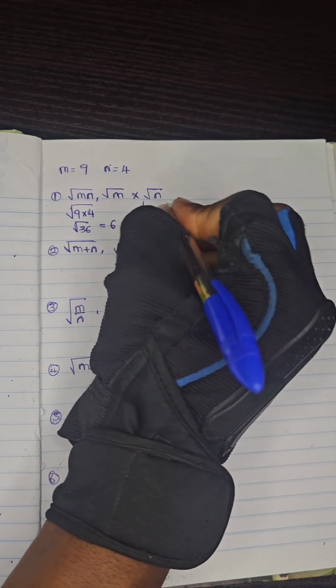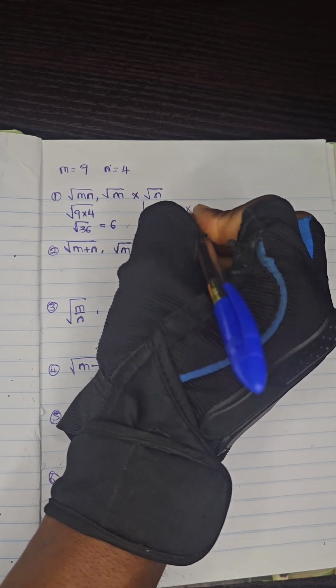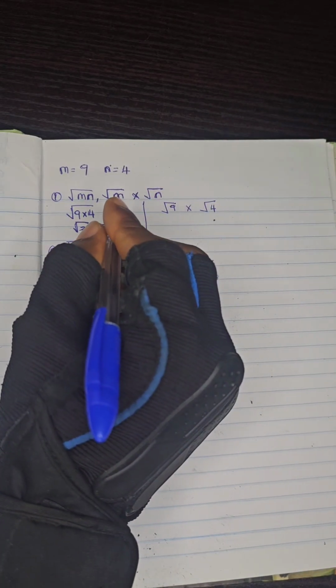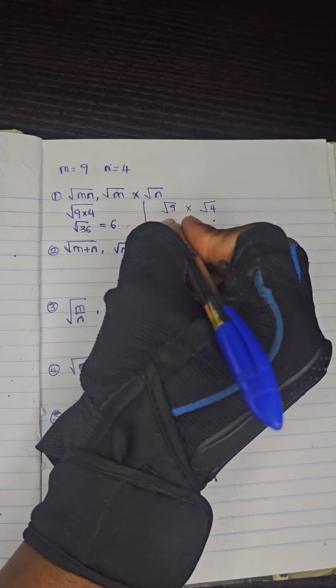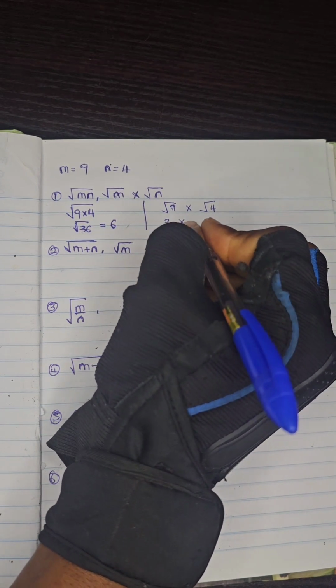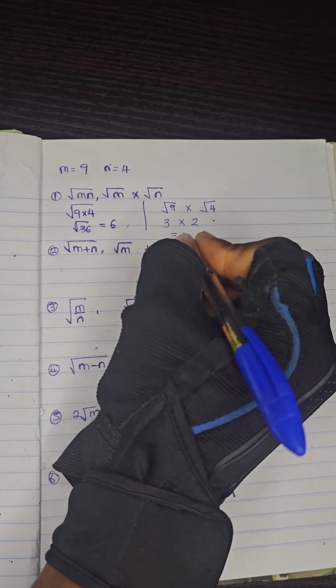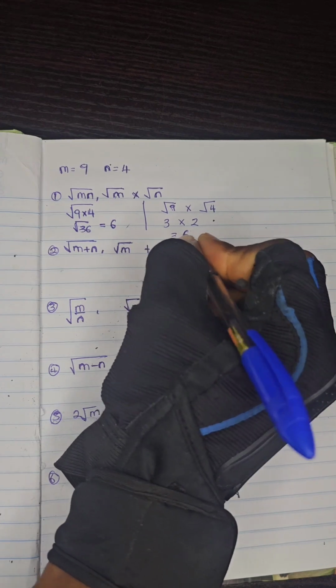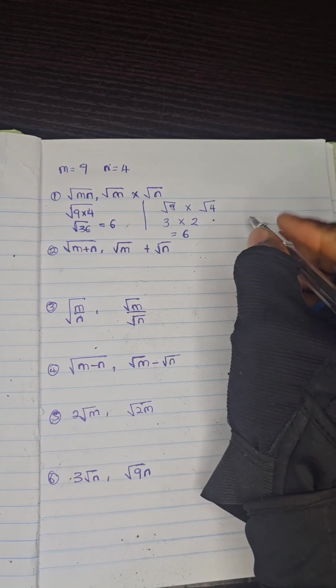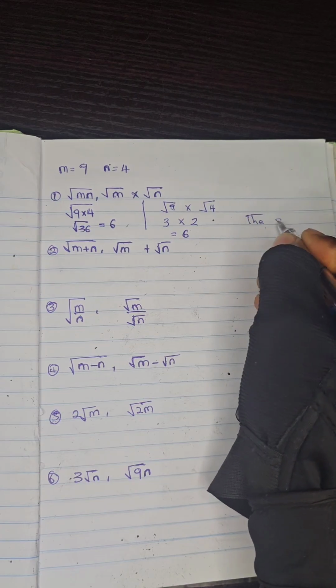On the other hand, we have square root of 9 times square root of 4. This is m, this is n, so 9 and 4. Square root of 9 is 3 times square root of 4 is 2. So we have 6. So for the first one, we can see that they are the same.